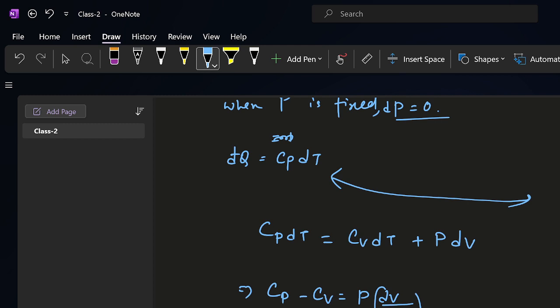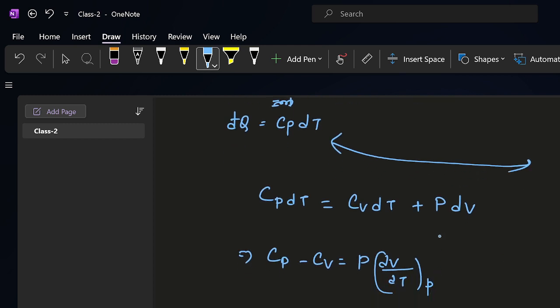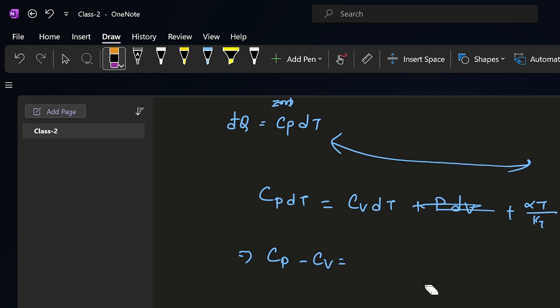So once you use that, just replace it over here: Cp minus Cv is just alpha T by Kt dV, plus alpha T by Kt del V del T at P constant.